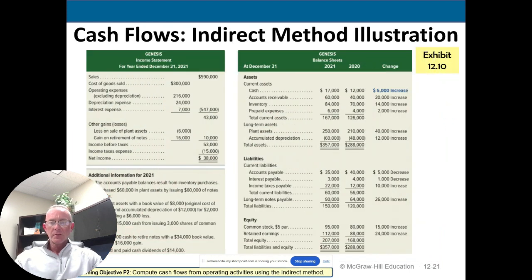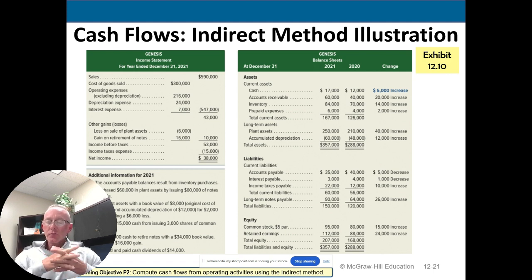All right. So we would go back here on our income statement. We need to find two things right off the top. One, we need to look for depreciation, because it's a non-cash entry always. And then we look for the gain or loss on the sale of assets.